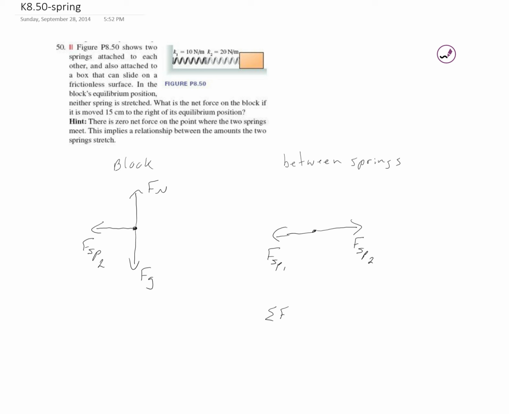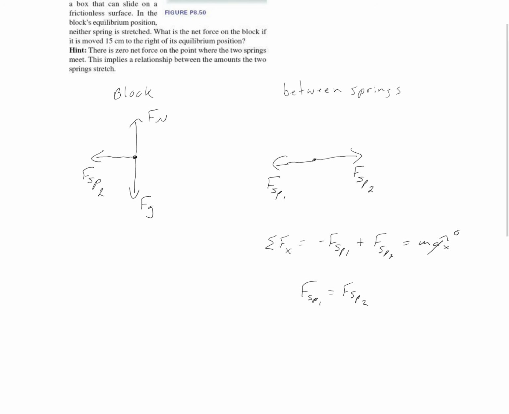In this case, we have the sum of forces in the x direction equal to minus force spring 1 plus force spring 2 equals ma, and we want to be at equilibrium, so those are 0. Telling us that the two spring forces have to be balanced.